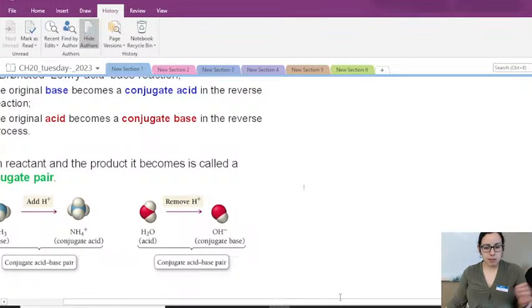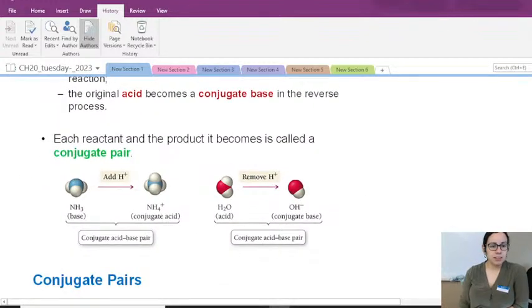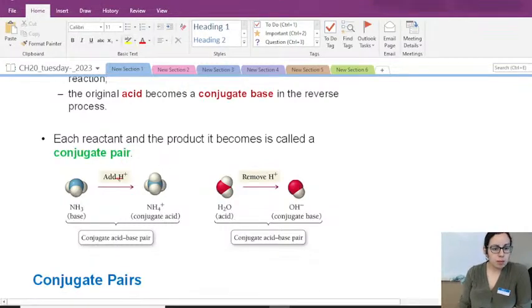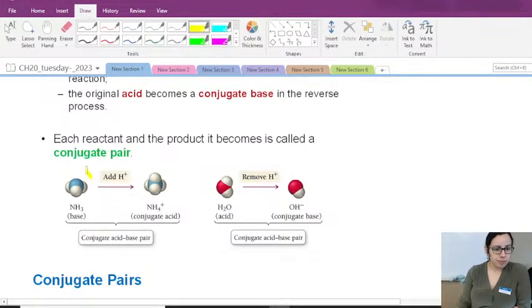So then we want to be able to identify these conjugate acid-base pairs. And so they should only differ by a proton. In this case, if we are starting with a base, then we should be adding a proton to make our acid. So there's our base, there's our acid.